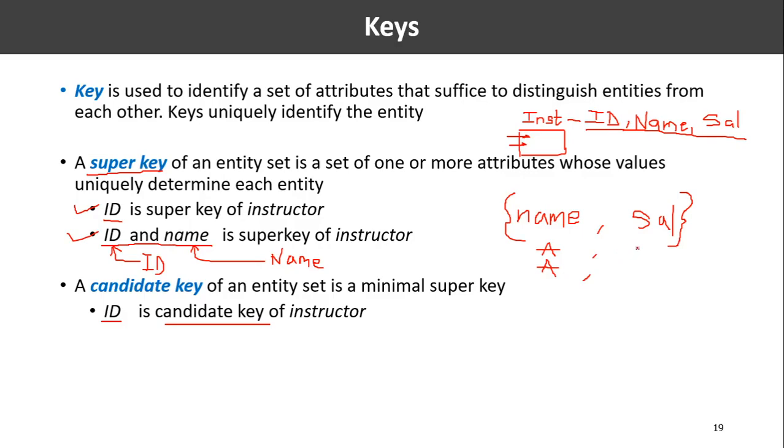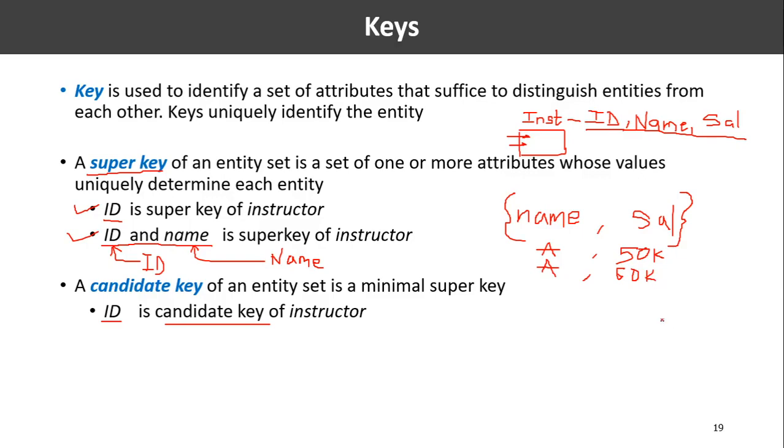So if the first instructor with name A is having the salary say 50,000 and the other instructor having the same name A is having the 60,000 salary. So we are assuming that no two instructors with same name are having same salary.